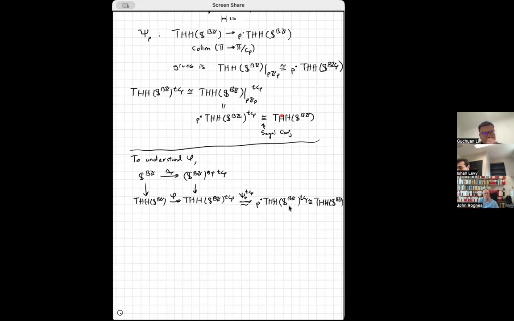So this is just what we did up here. So we had this map, this map that we saw gave this equivalence that identified what this target is.